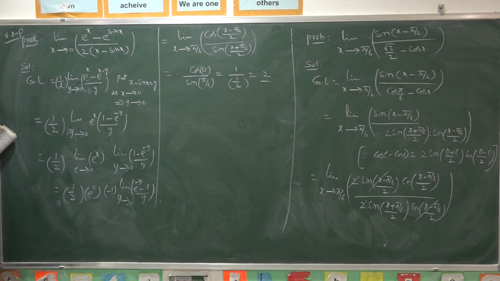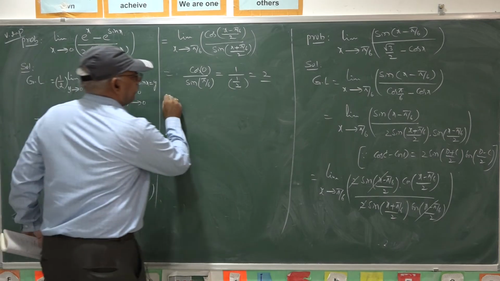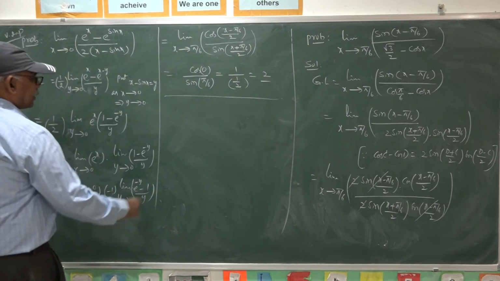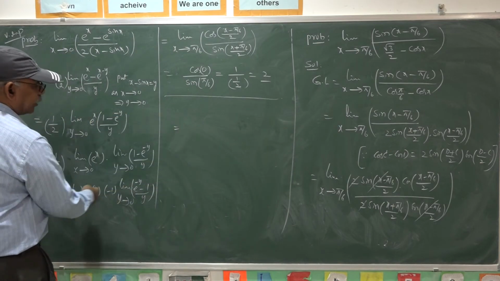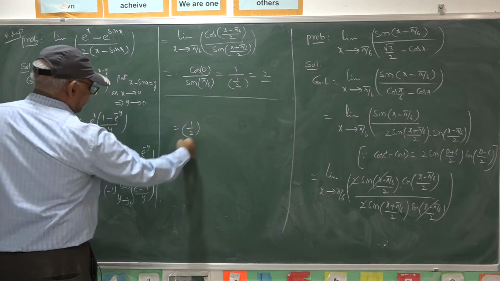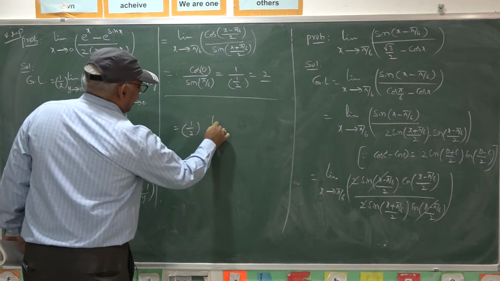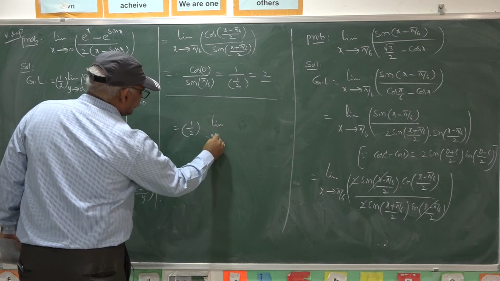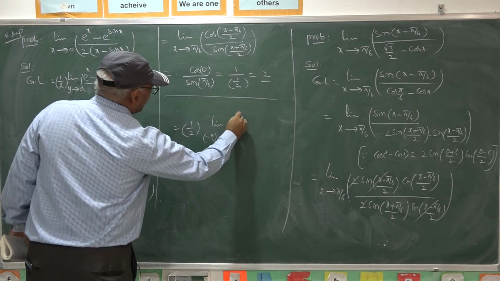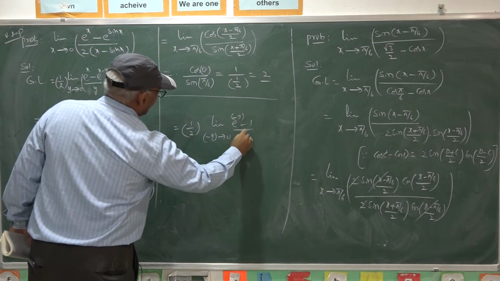E power 0 is 1 here, so 1 by 2 into, apply this negative sign to the denominator and take the limit as minus y goes to 0, e power minus y minus 1 by minus y.